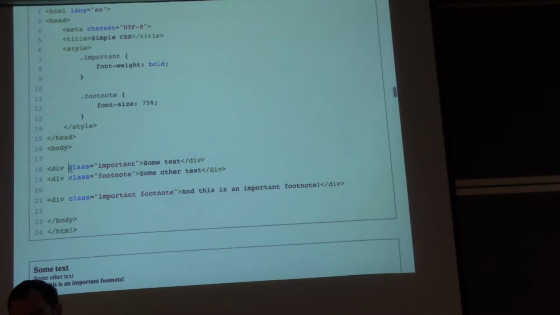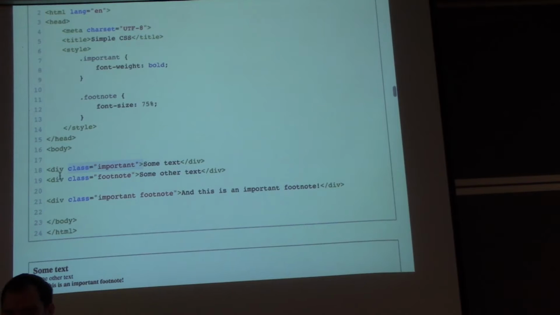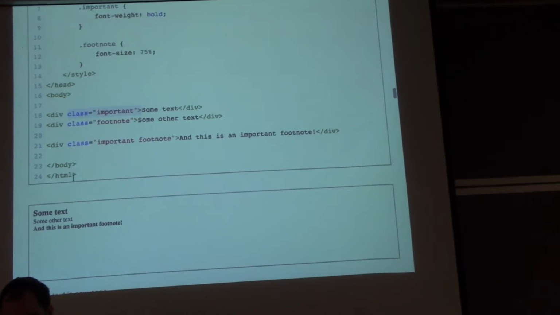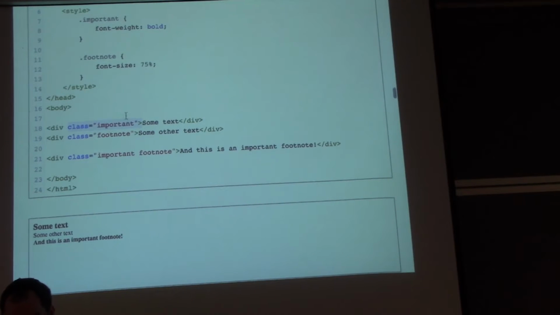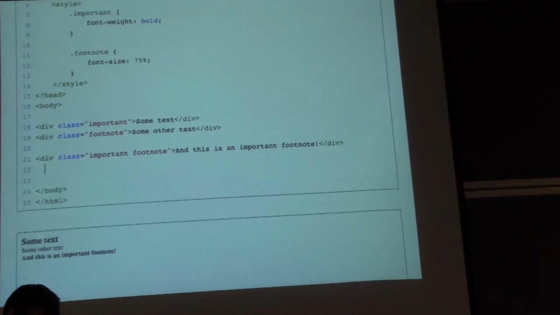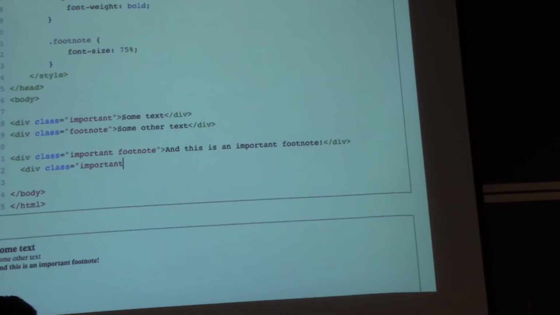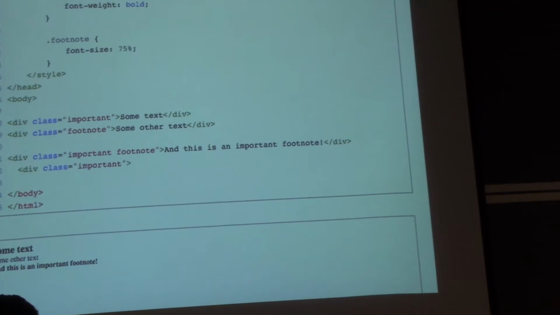So this is how you identify an HTML element as being of the class, and you can have multiple of those, and then you can see some text is bold and footnote is not bold. And then we have another important footnote, and we could equally add another one. So we can always reuse this many times, and that's the idea of classes.